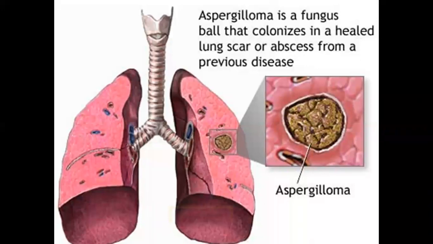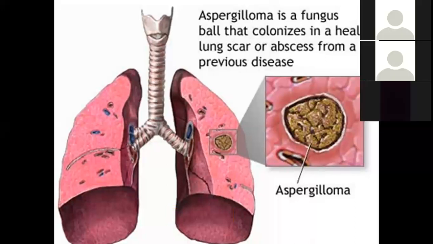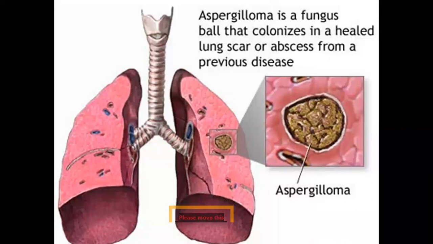But as I told you in the initial lectures in the start of the third year, on X-ray you cannot diagnose granuloma. Granuloma is a microscopic diagnosis, so you are not going to diagnose granuloma on X-ray. It is a biopsy or a microscopic diagnosis. Aspergilloma is just a name given to the lesion formed by Aspergillus in the lung.